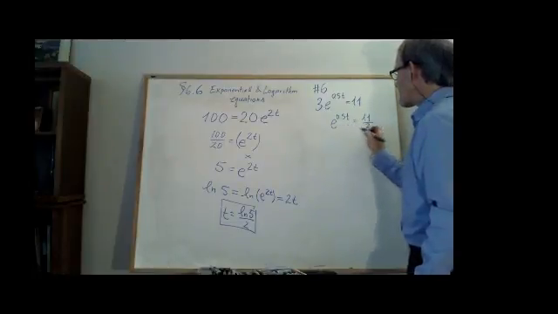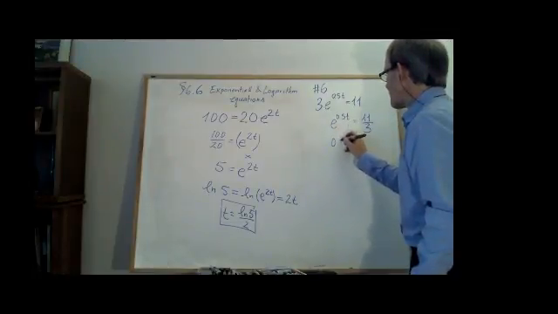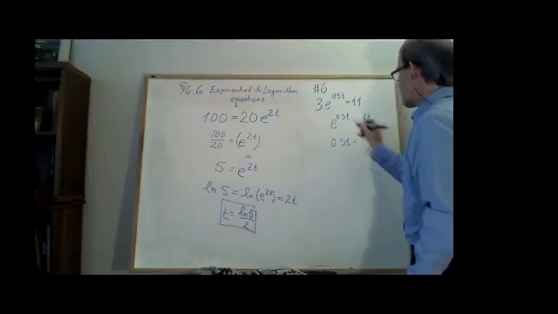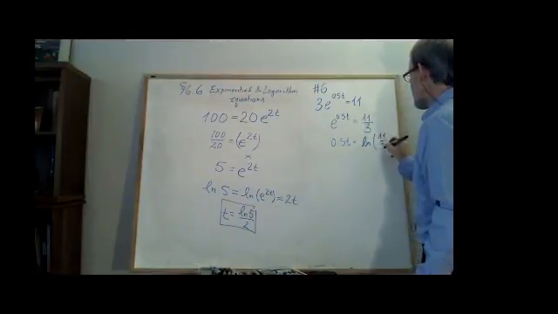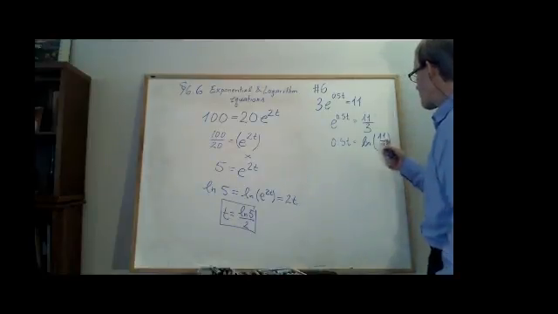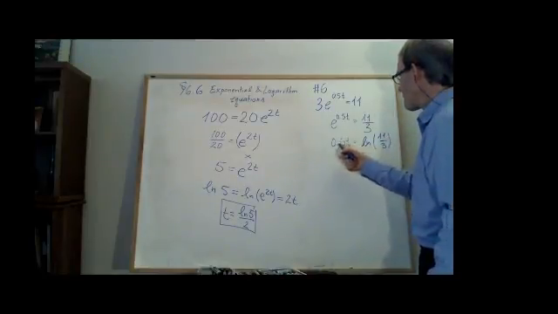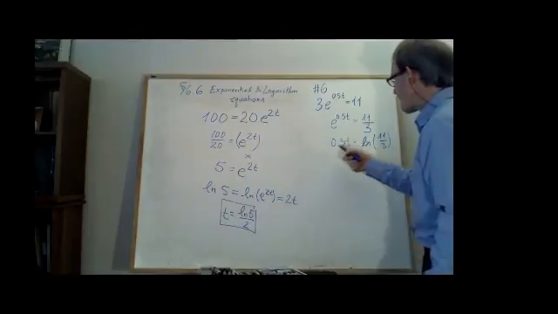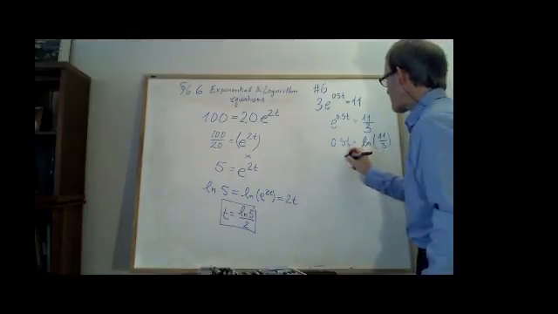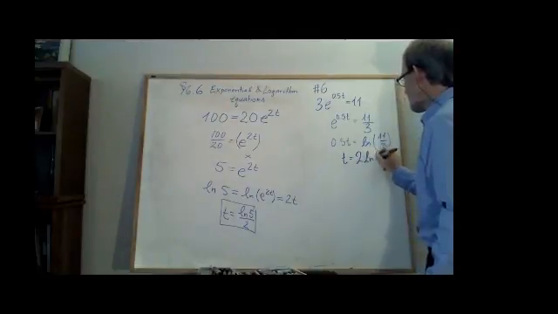Then I take the natural log of both sides, and that gives me the argument, 0.5t, and then the natural log of the rest on the other side, which is 11 over 3. Then I divide both sides by 0.5, and that's the same as multiplying by 2. So I get 2 ln of 11 over 3. And that's my answer.